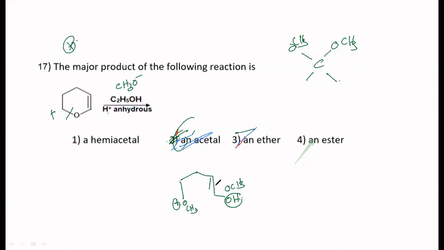It cannot form an acetal. She is right, because an acetal is the same carbon having two OCH3 groups. So you should get an ether, a diether basically. So this will be OCH3, double bond here, OCH3. That is an ether. Okay, very good.